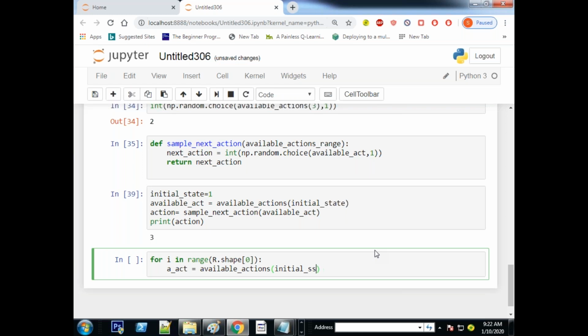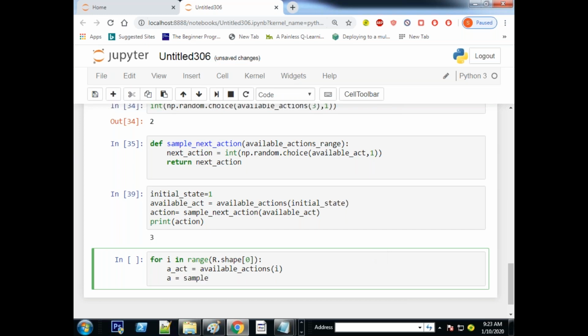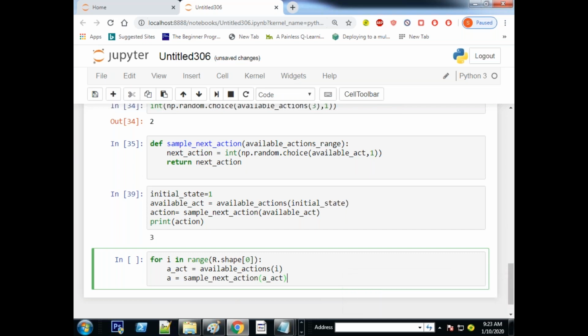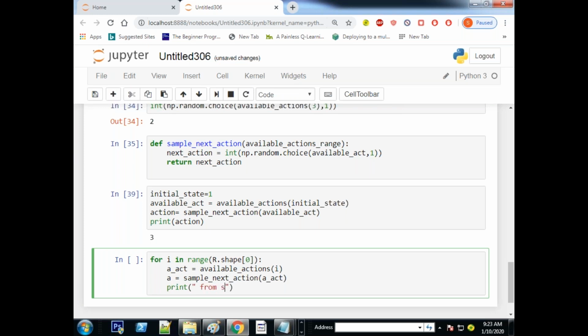Here my state, where in the place of initial state I am giving I. After that, what actions it will choose, just observe. Sample next underscore action of a underscore AC. Print from state I.